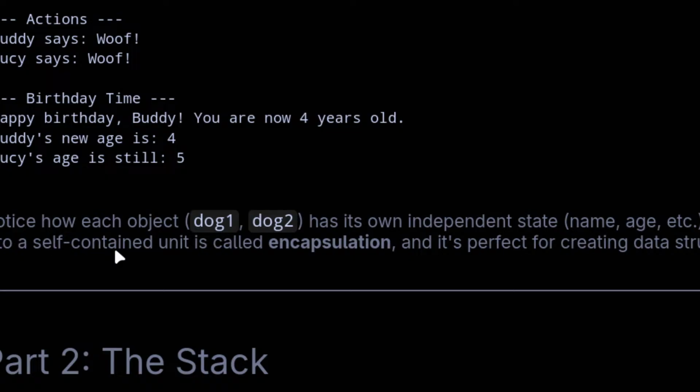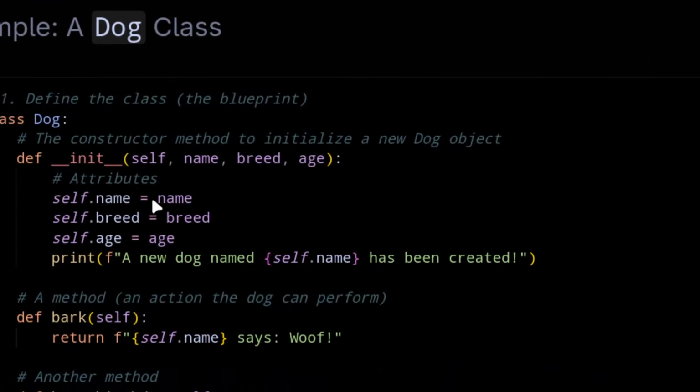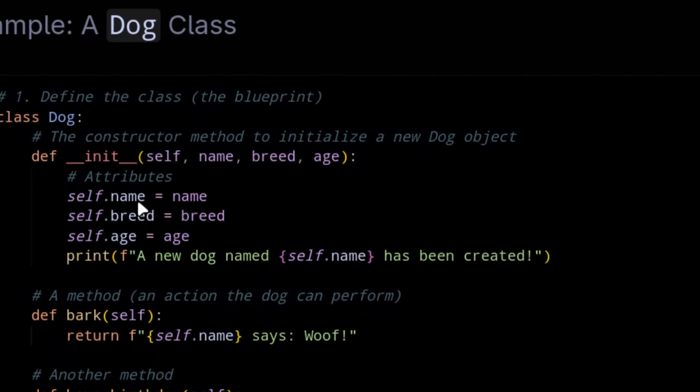If you have capsule 1 and capsule 2, then the contents of capsule 1 don't influence the contents of capsule 2, right? This is the concept of encapsulation. That means dog1 will have its own separate name variable, and dog2 will have its own separate name variable.